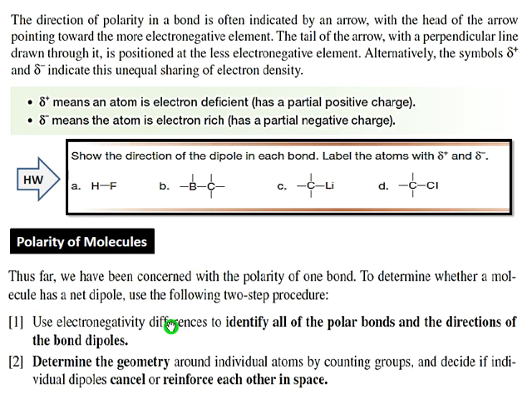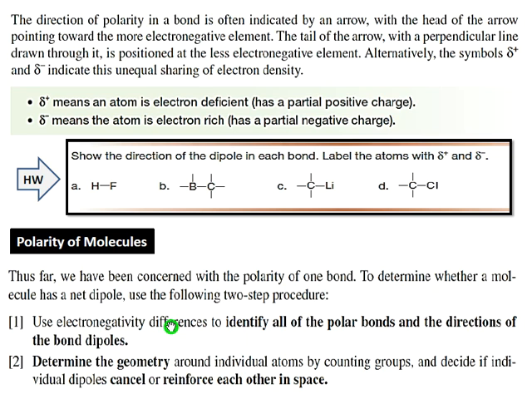The geometry, students, is so important to determine the net dipole. Okay, maybe there is a molecule with polar bonds, but the geometry of this molecule makes this molecule not polar, or makes the net dipole for this molecule equal to 0.